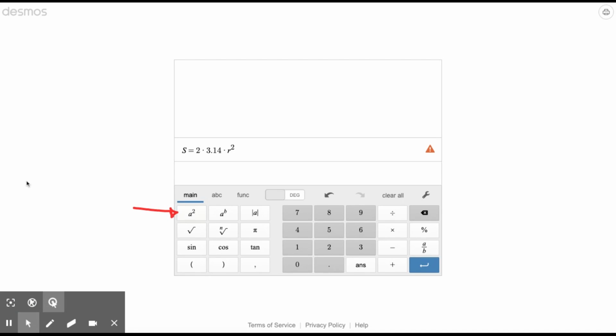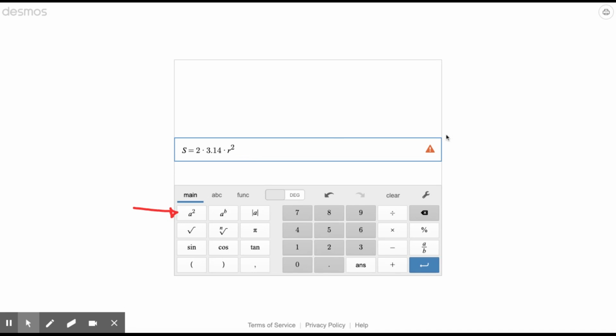That will square it for me. So 2 times pi times my radius squared plus 2 times pi times my radius times my height. Double check your formula. Make sure that you've got everything typed in there right.